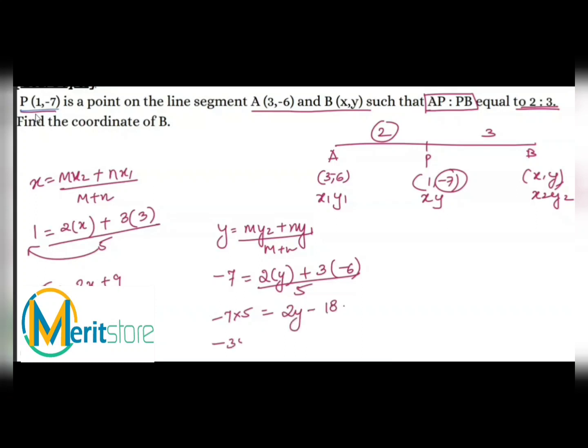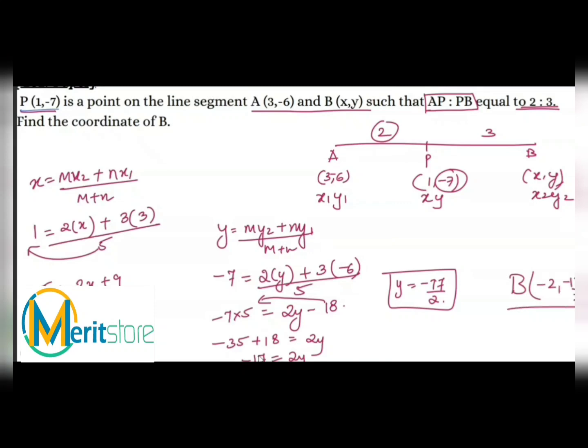So this is minus 35. 18 goes to the other side. Minus becomes positive. 2y is minus 35 plus 18. That gives me minus 17. 2y, so y becomes minus 17 upon 2. So the coordinate for B will be (-2, -17/2). That's our answer.